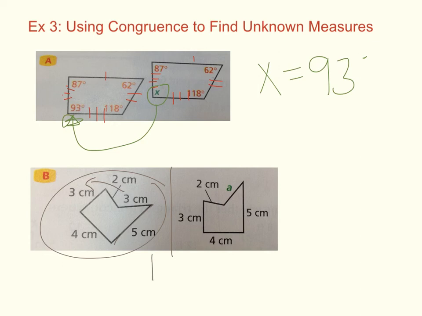So now I have a shape that looks like this, or something like it. And I'm looking here for A, which corresponds to this side on my shape right here. So you're looking for a side that corresponds to the original, and sometimes you have to rotate your shape a little bit. But A would be 3 centimeters.